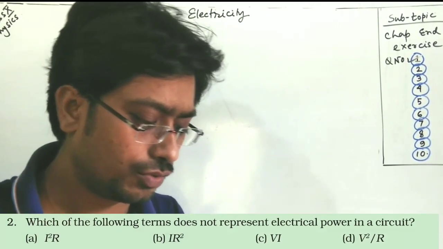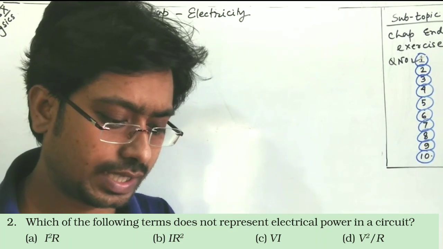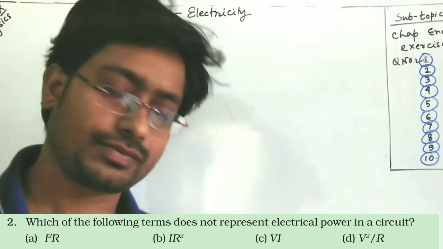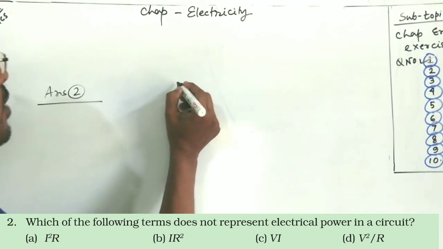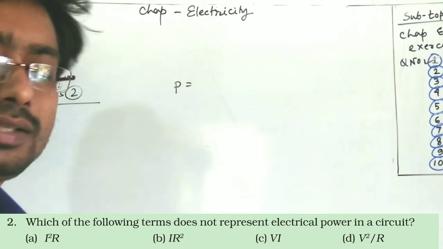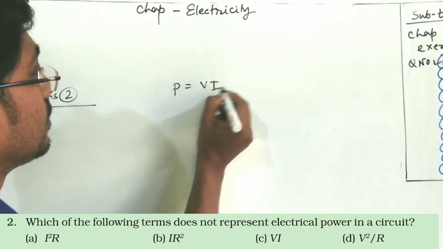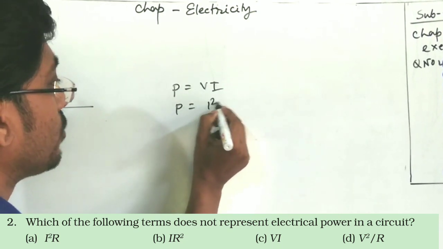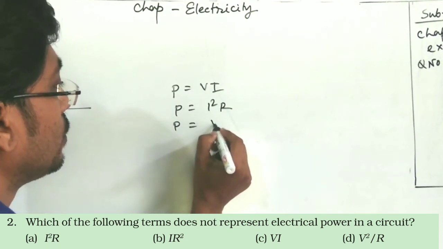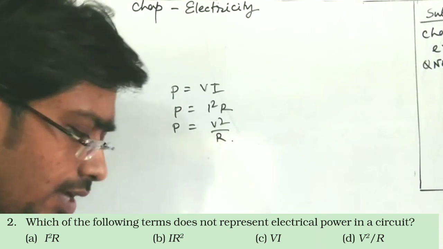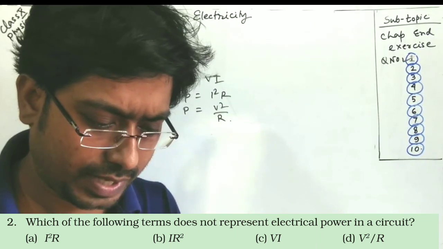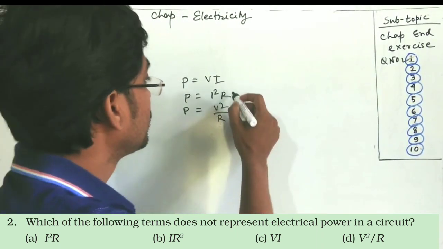The question is: which of the following terms does not represent the electrical power in the circuit? There are 4 options. We know power has 3 expressions: P is equal to VI, P is equal to I square R, and P is equal to V square by R. The first option is I square R, it matches.